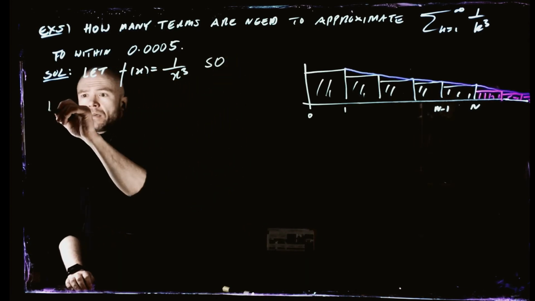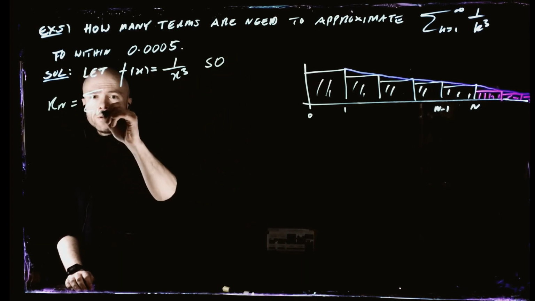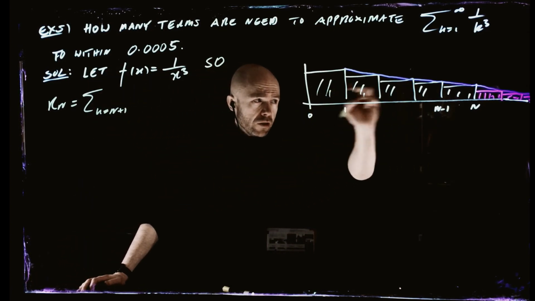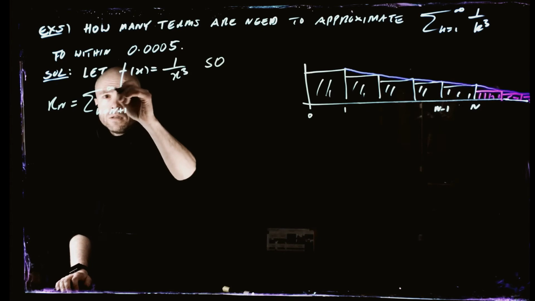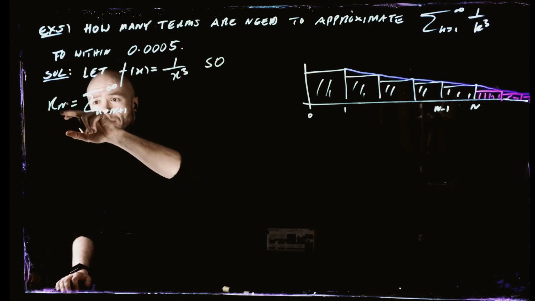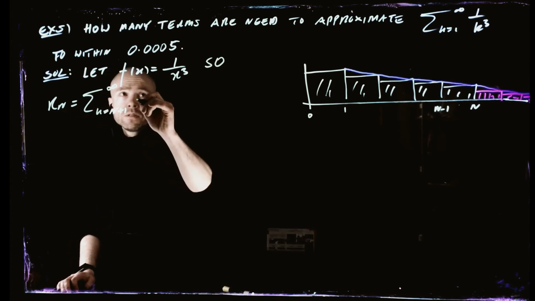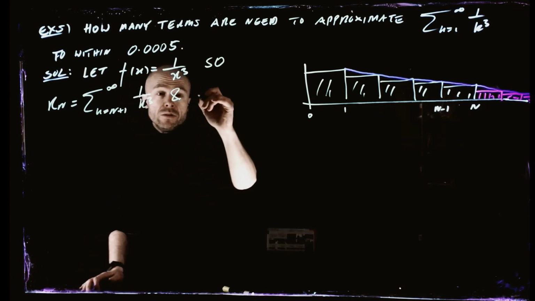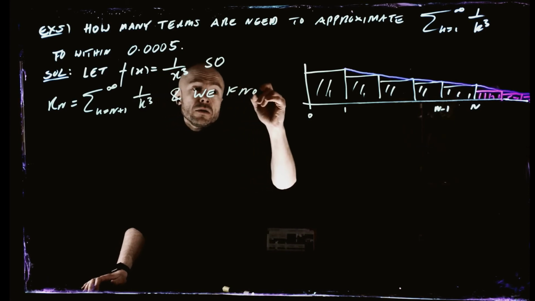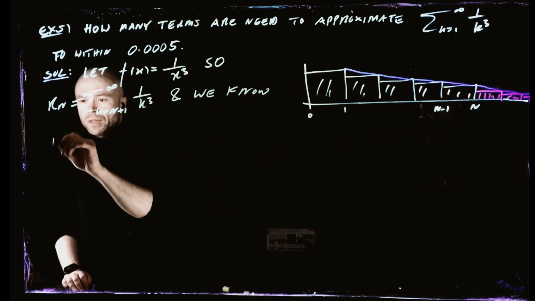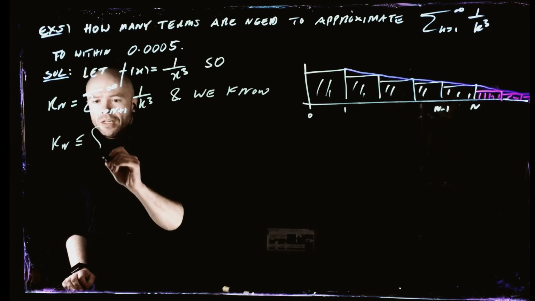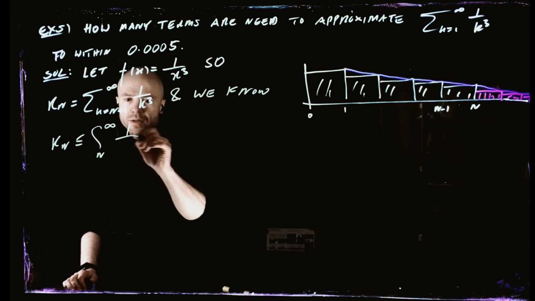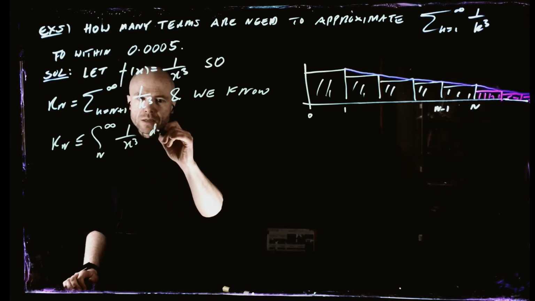So Rn, which is the sum from k equals n plus 1, because all of these guys in green are the actual terms of Sn. So the remainder are from k equals n plus 1 onwards of this 1 over k to the 3. And we know, because we can see it, that Rn is less than the integral from n to infinity of this function, 1 over x to the 3 dx.